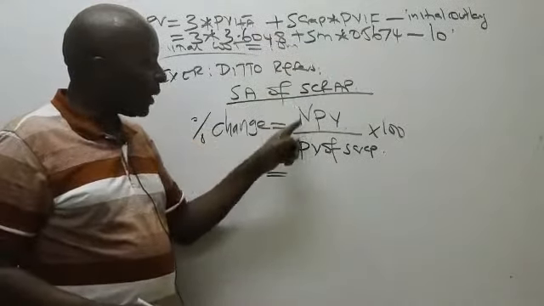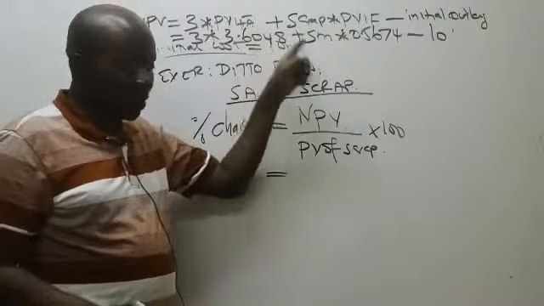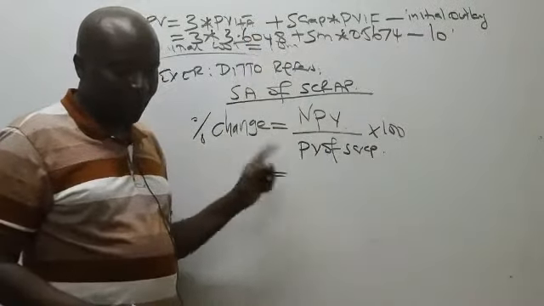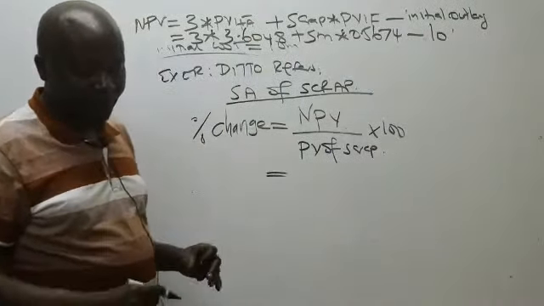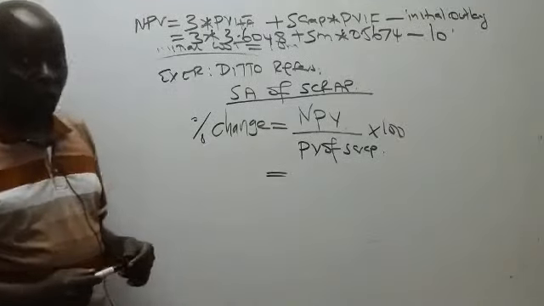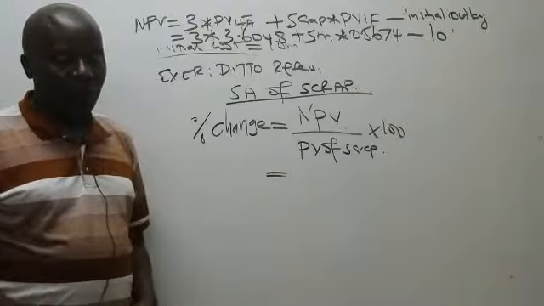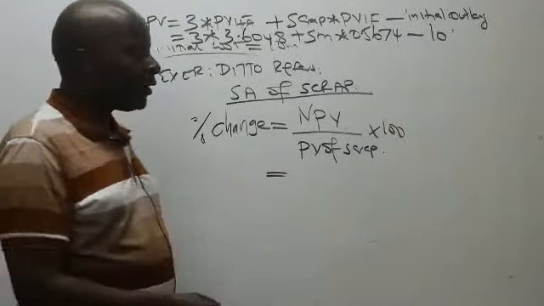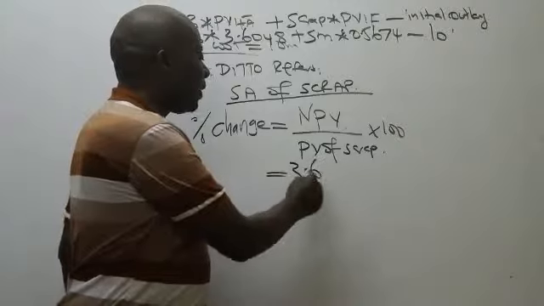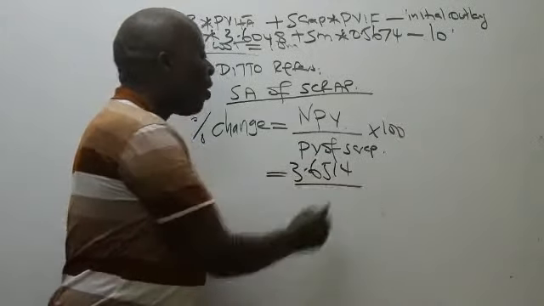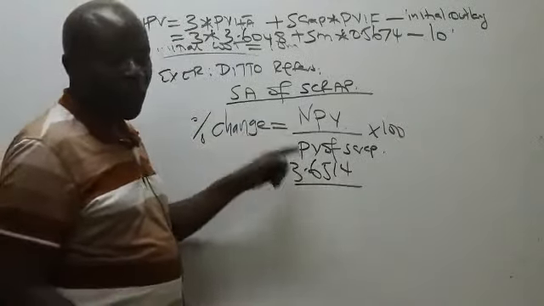Is there somebody who can remind me the net present value of Silvanus's model? This gives me 3.6514.